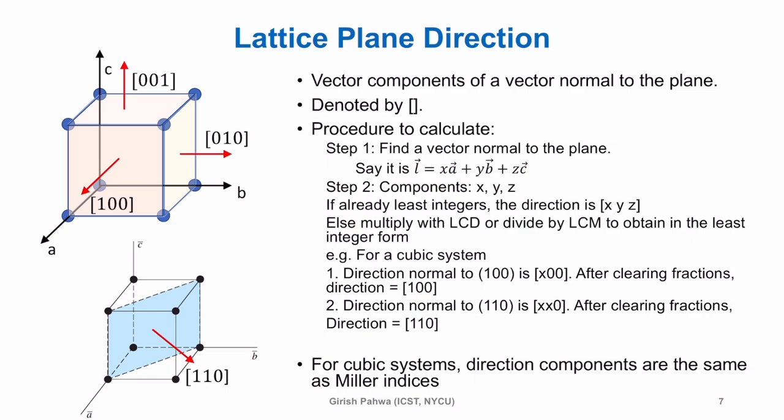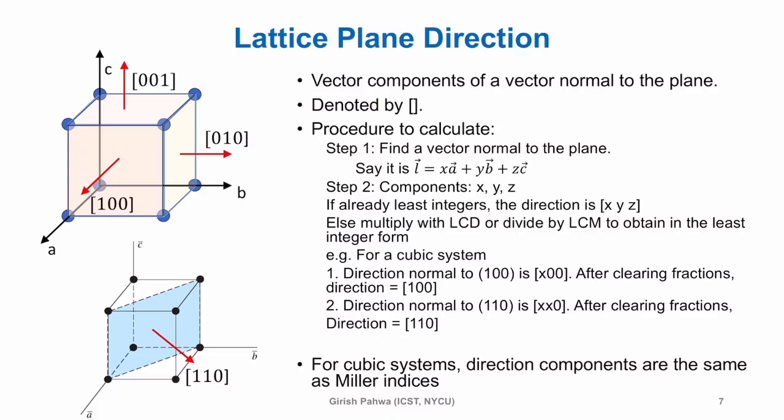Okay, as we have seen that certain planes are equivalent, certain directions are also equivalent, right? Say I move in the 1 0 0 direction, 0 1 0 direction, or 0 0 1 direction, they are equivalent. You won't see any different arrangement of atoms.